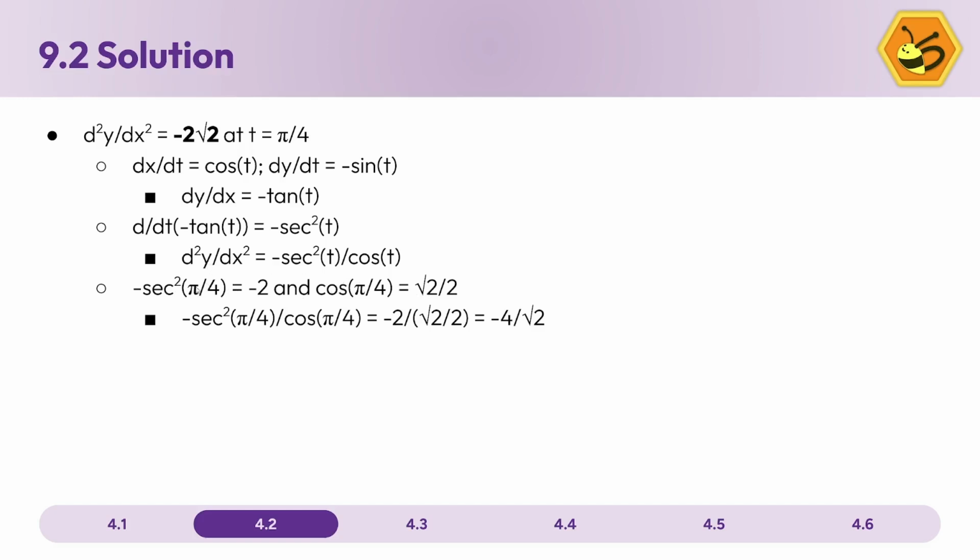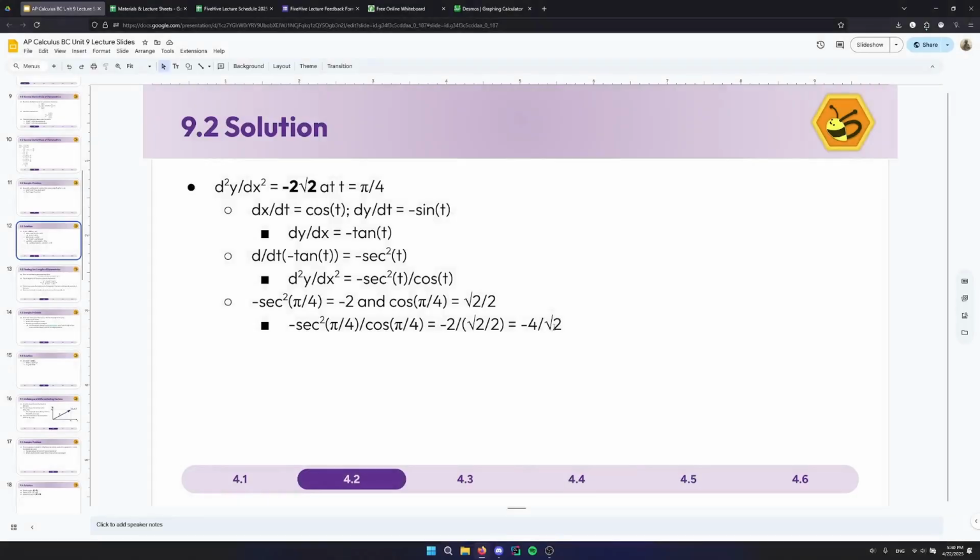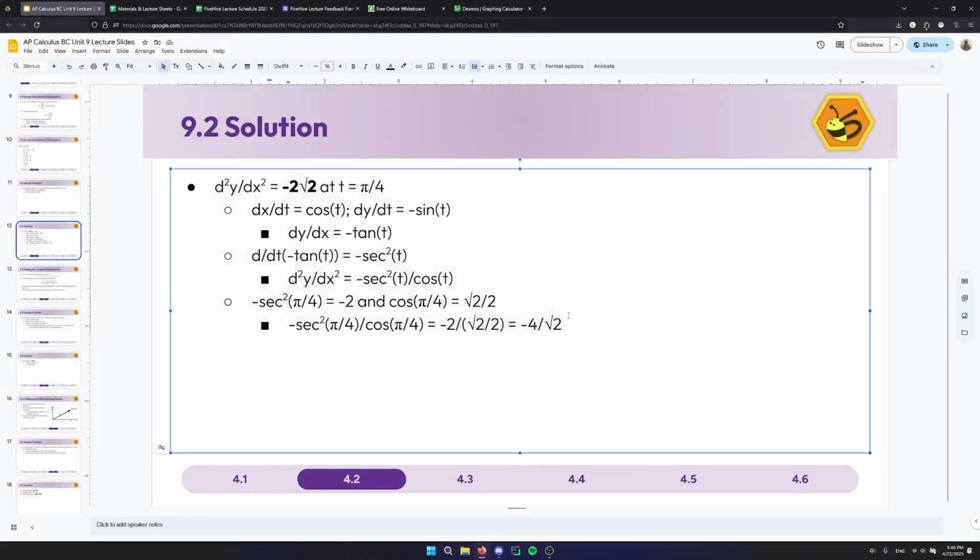And plugging in pi over 4, we get negative 2. And then for cosine pi over 4, that's square root of 2 over 2. Yeah, so that should be right. And then we just divide these two, and we should get... Uh-oh, why did I put negative 4 square root of 2? Okay, I don't know what I did there. Oh, no, it should be the same thing.